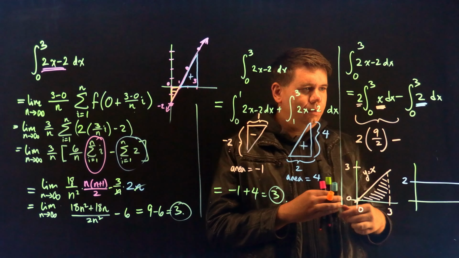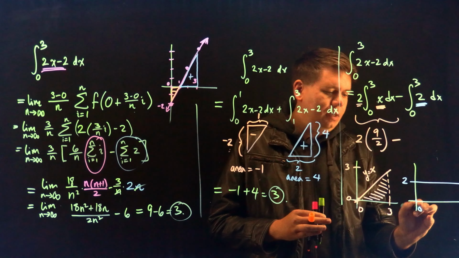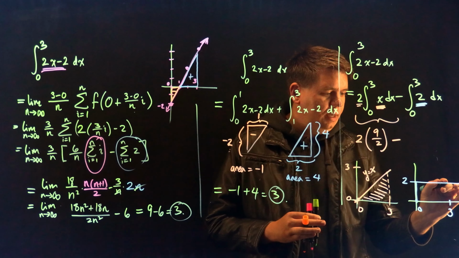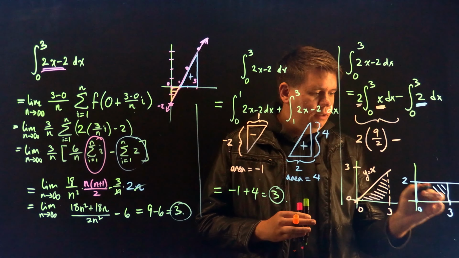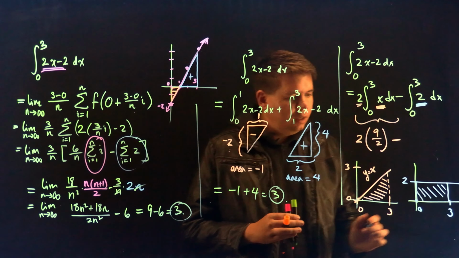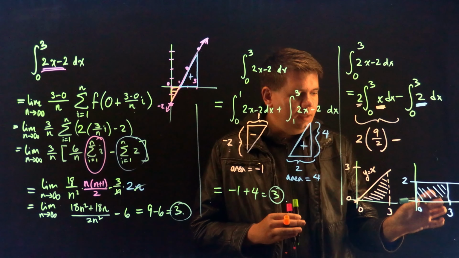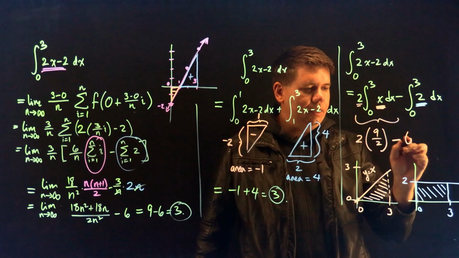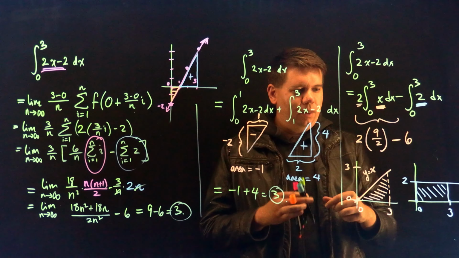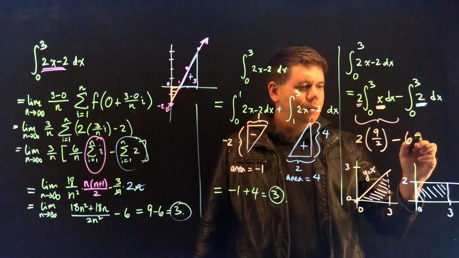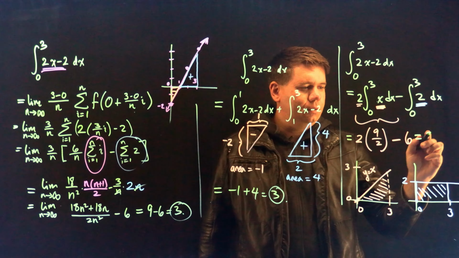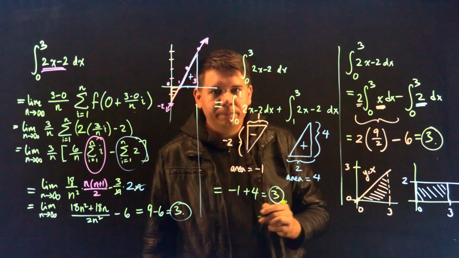Now, when I find the area from 0 to 3, this area here is just the area of a rectangle with base 3 and height 2. So that rectangle has area 6. But then you end up with the area of this definite integral being just 9 minus 6, which is 3.